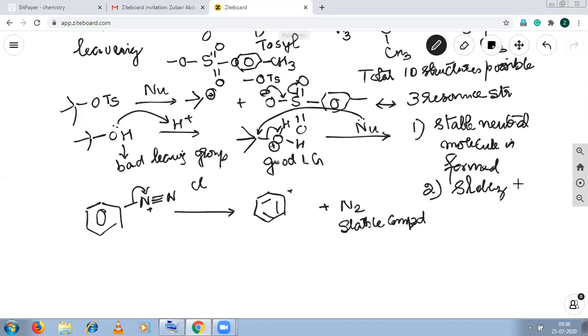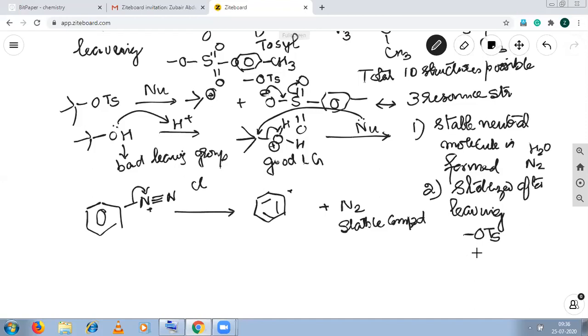Stabilized after leaving the molecule. What are the examples for this? Here it is H2O, N2. Here, what is the example? OTS. It's a very good example.